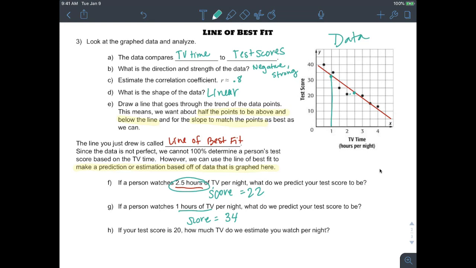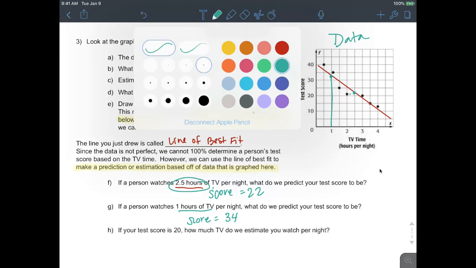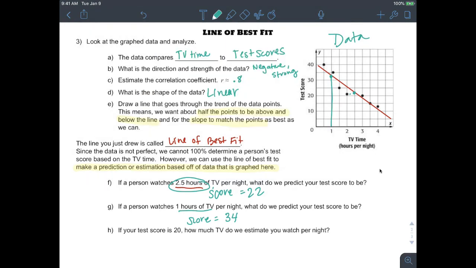Yes, as long as your line of best fit matches the slope and is about halfway between each one of the points. Okay, so lastly, we're going to go backwards. If your score is 20, I'm going to draw it over and then down. So about 2.75. So 2.75 hours per night.